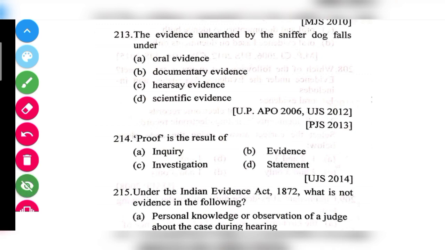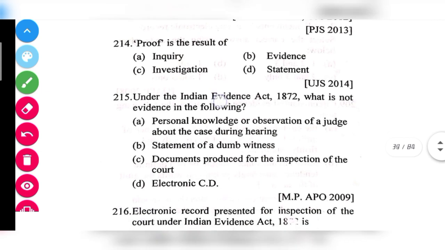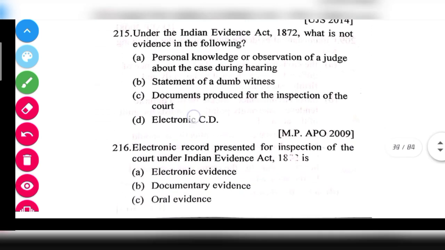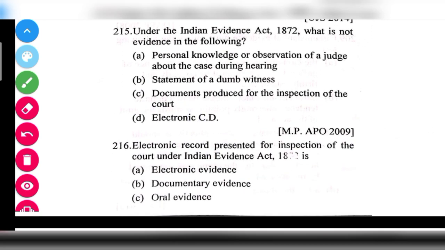Answer is D. 214. Proof is the result of. Answer is B. 215. Under the Indian Evidence Act 1872, what is not evidence in the following? Answer is A.